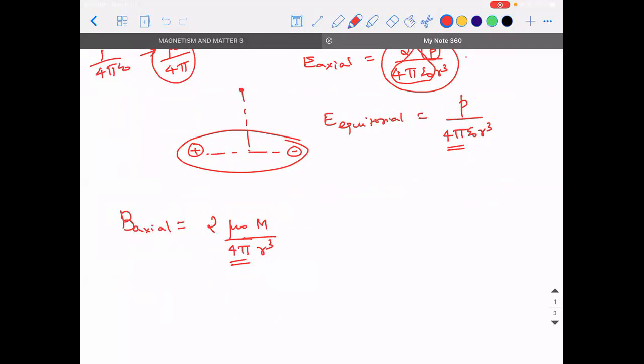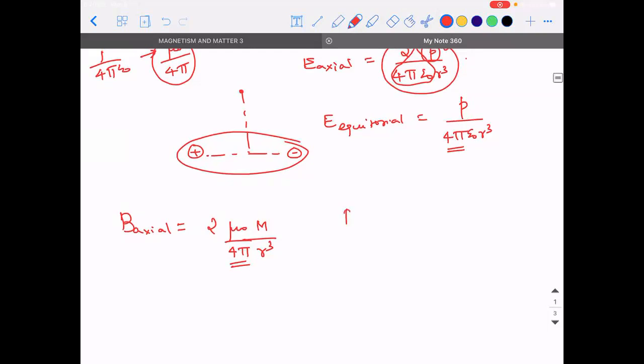Very good. So mu naught M divided by 4 pi r cube is going to be the magnetic field at the equatorial point.